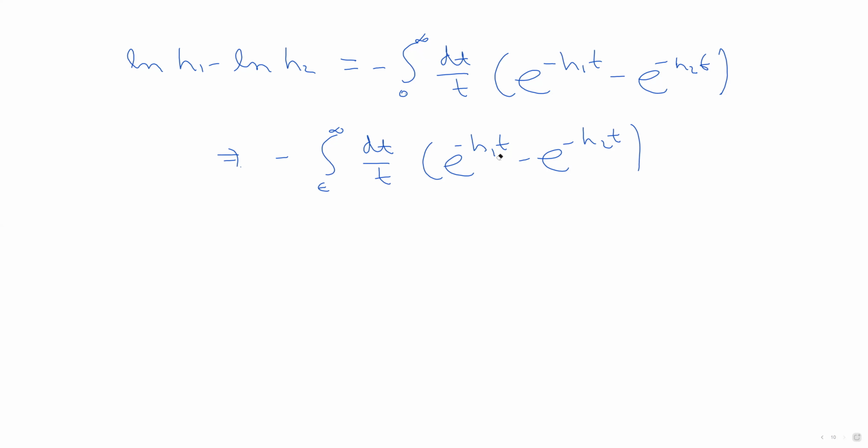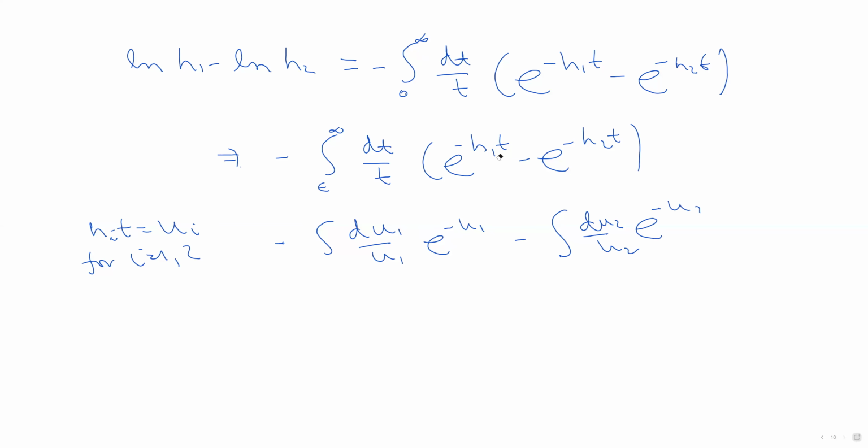So I change variable to H1 t equal to u. This gives you minus the integral of du over u of e to the minus u, minus the same integral for H2, with limits epsilon H1 and epsilon H2. Both are finite integrals, and you take the difference. The only difference between these two integrals is the lower limit, so t was epsilon, and u was H1 epsilon.